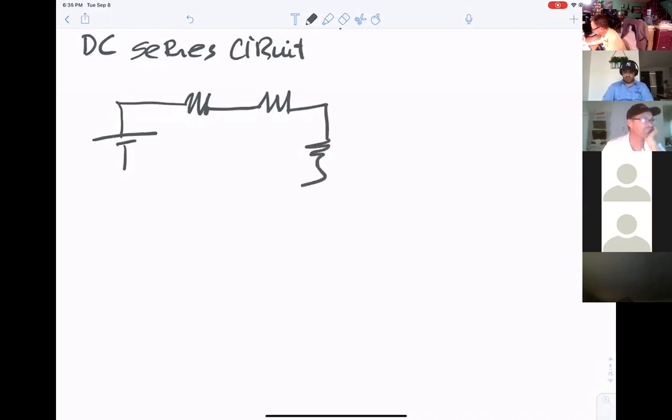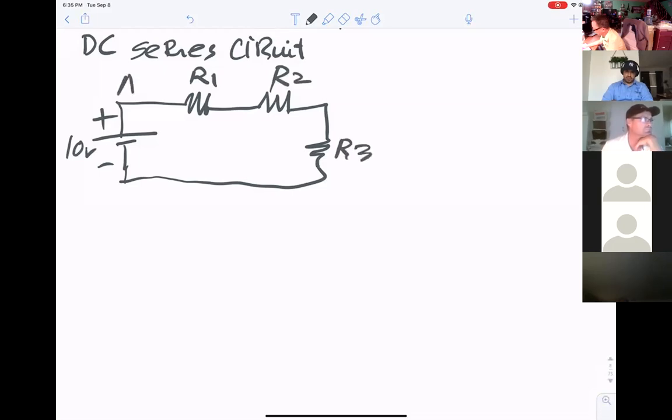Series. 10 volt. This is R1, R2, R3. Point A here, point B here, point B. And this will be root.